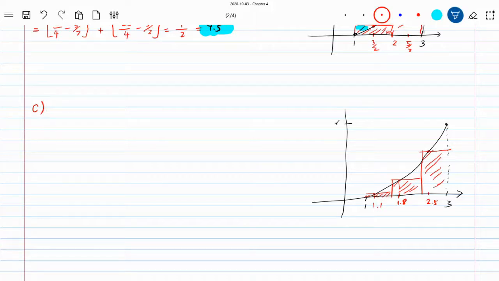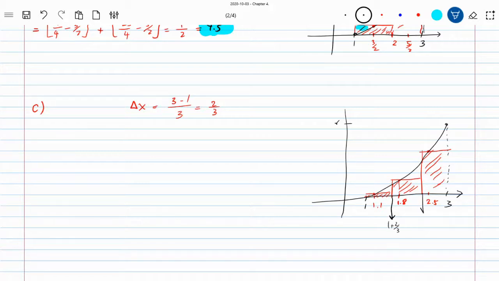So what it means is first figure out delta x. What is delta x? It's b minus a, 3 minus 1, divided by the number of stencils, 3. So we'll have 2/3. So that means if this is 1, the next one should be this point here, the end of this interval. Make sure everybody knows what we're talking about. The end of this interval should be 2/3 apart from 1. So it should be 1 plus 2/3.